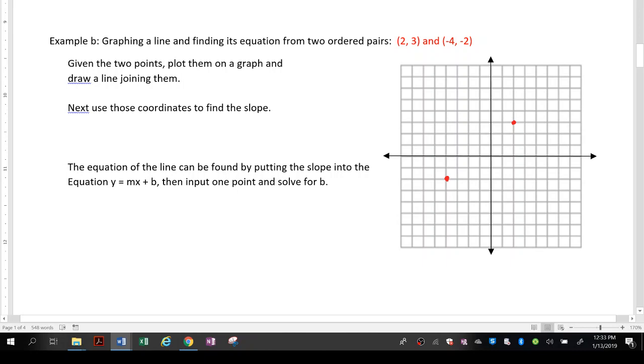Now we're going to draw a line between them, and that line will keep going either way. Okay, so this is the graph of the line where these two ordered pairs sit on the line.